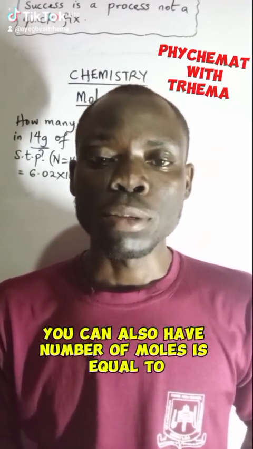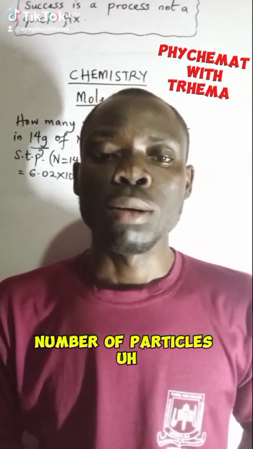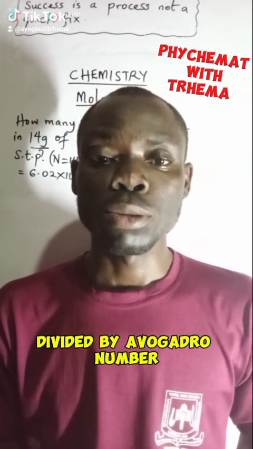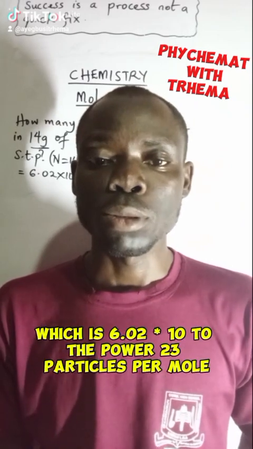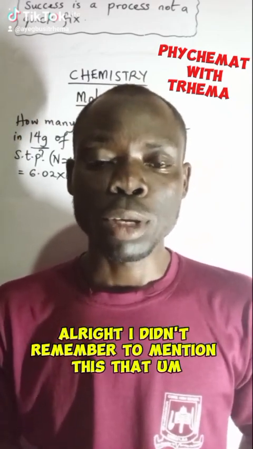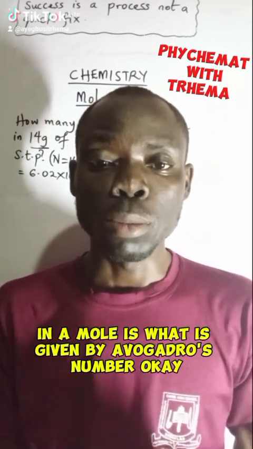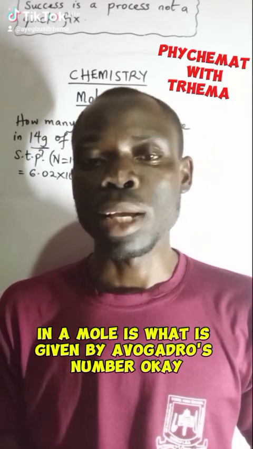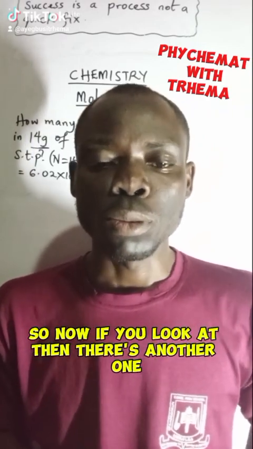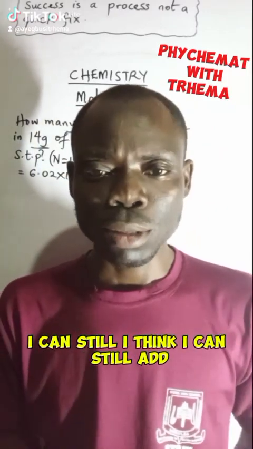You can also have: number of moles is equal to number of particles divided by Avogadro's number, which is 6.02 times 10 to the power 23 particles per mole. The number of atoms in a mole is what is given by Avogadro's number.